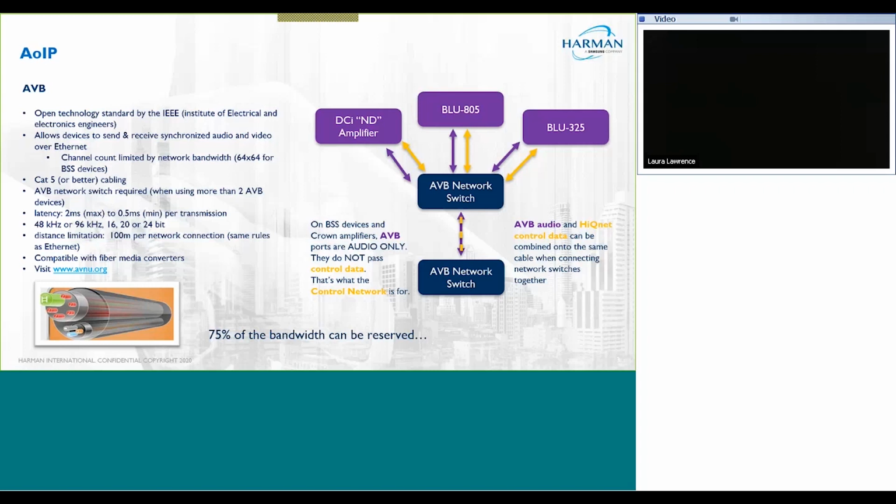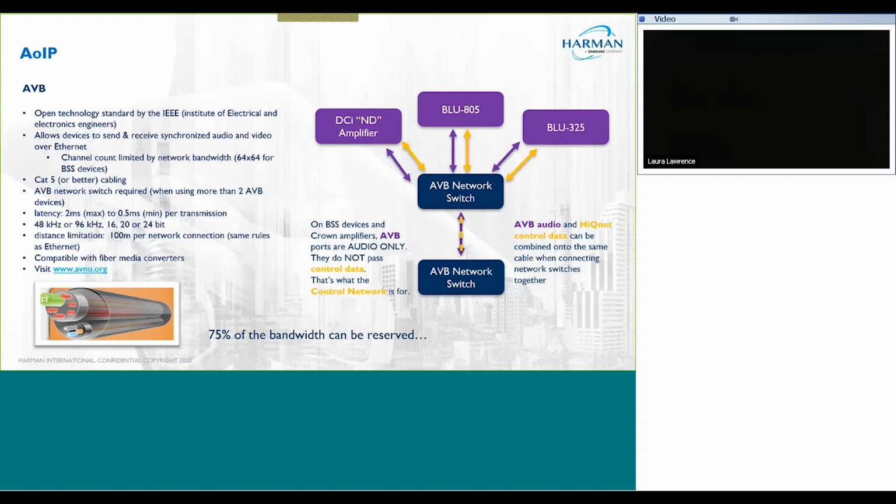By the way, this is created by the Avenue Alliance, and if you want more information about ABB, this is an open source standard, so an open technology, and this is an IEEE standard. The other advantage here of ABB would be that there's no licensing fees to pay because it's an open standard.